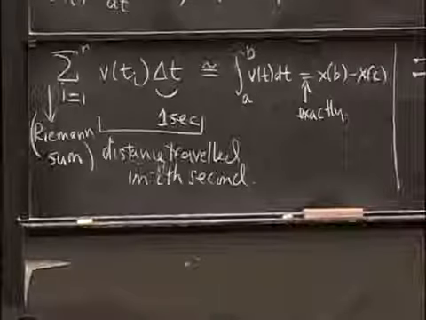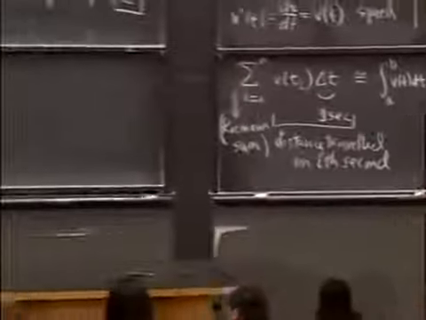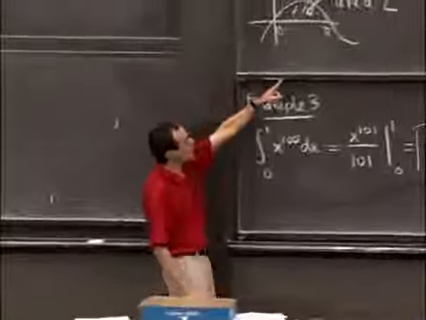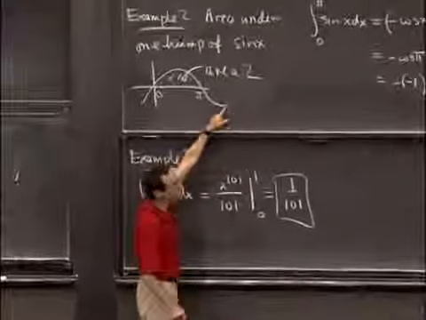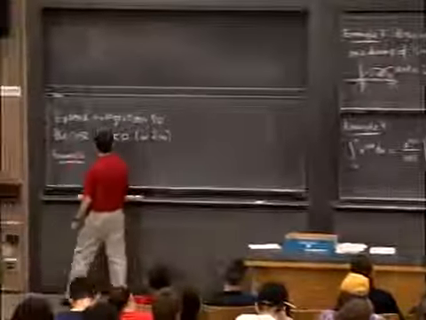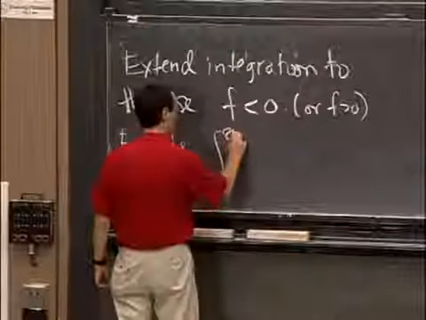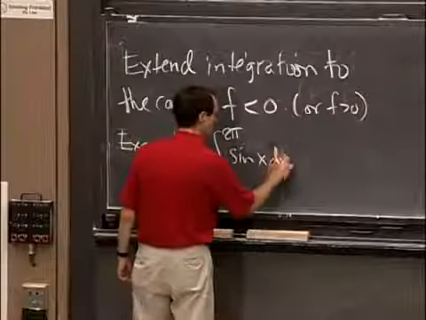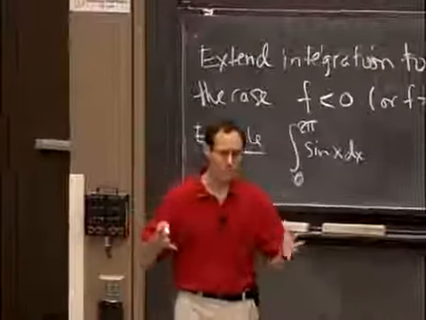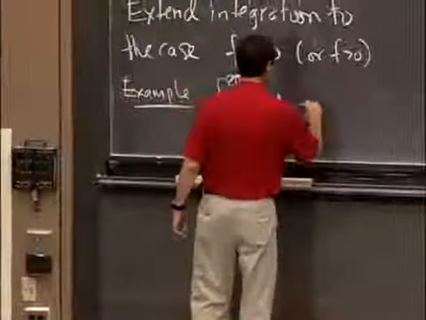And here, let me carry out an example and show you how it works. I'll carry out the example on this blackboard up here of the sine function, but we're going to try 2 humps. We're going to try the first hump and the one that goes underneath there. So our second example here is going to be the integral from 0 to 2 pi of sine x dx. And now, because the fundamental theorem is so important and so useful and so convenient, we just assume that it be true in this case as well.